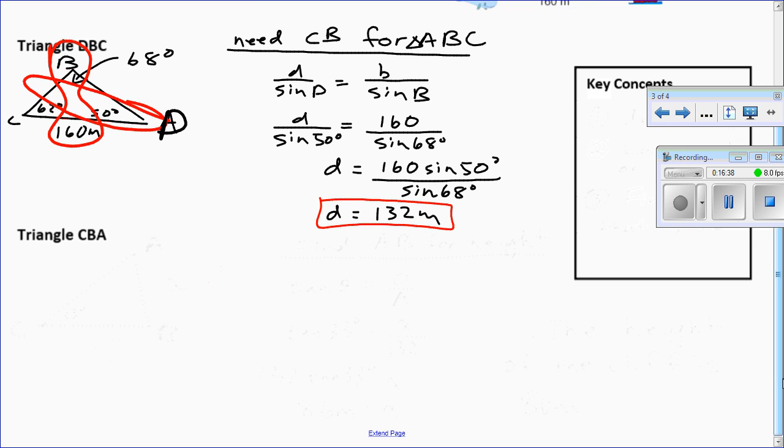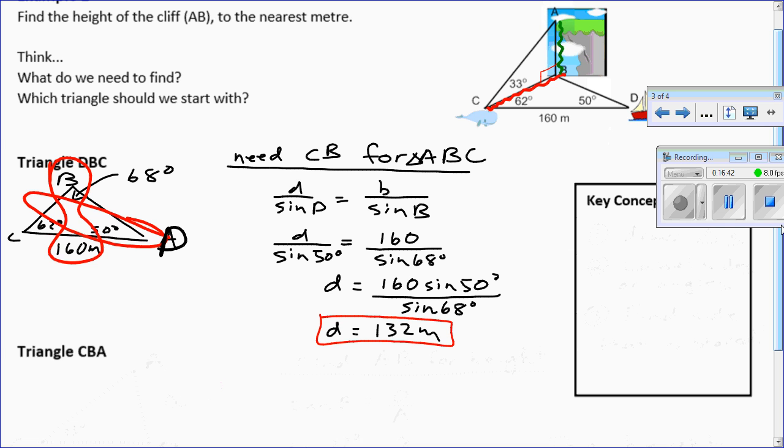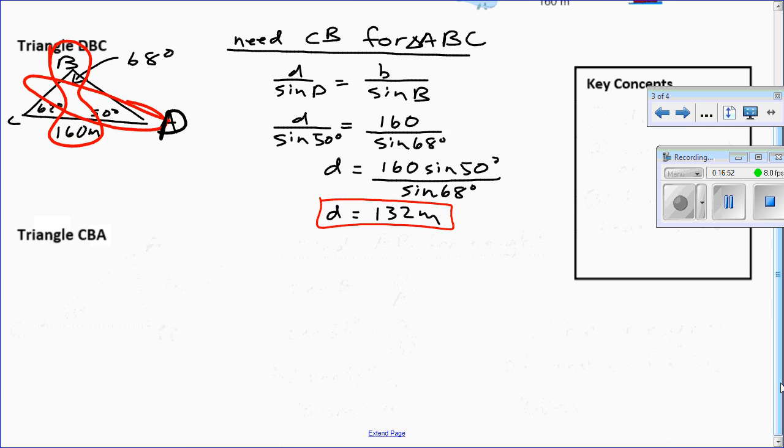And next, once we've got that side, we can go back up to our triangle and write 132 meters for the base of our new triangle. Once we've done that, we can draw a side view of what's happening on the cliff.